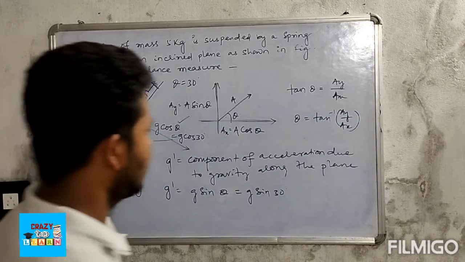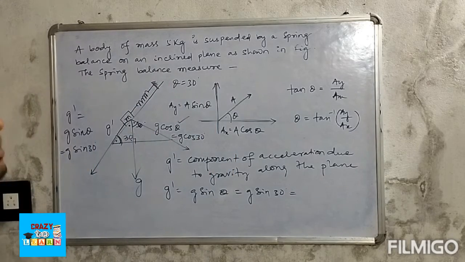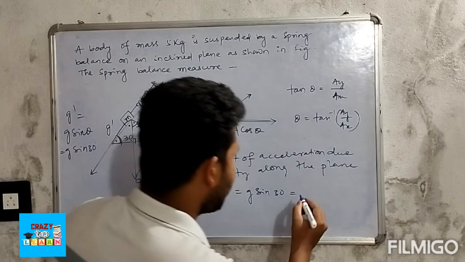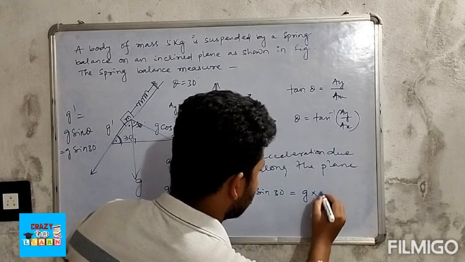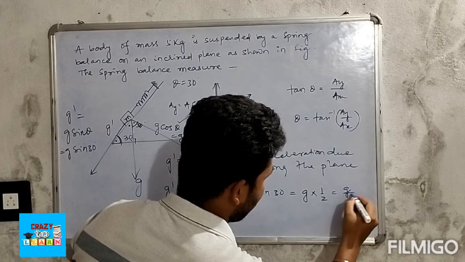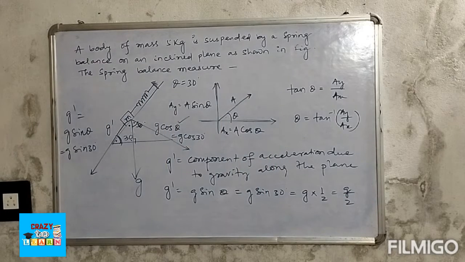Clear? So what is the value of sin 30? Half. So g by 2. Clear?